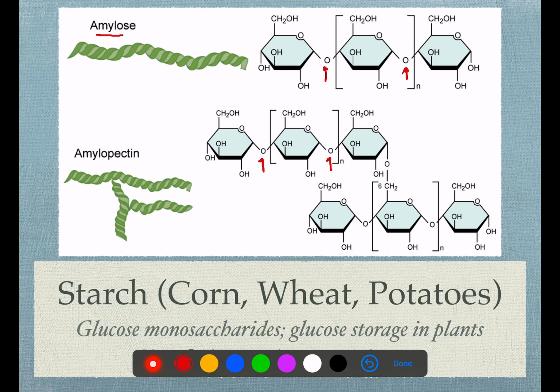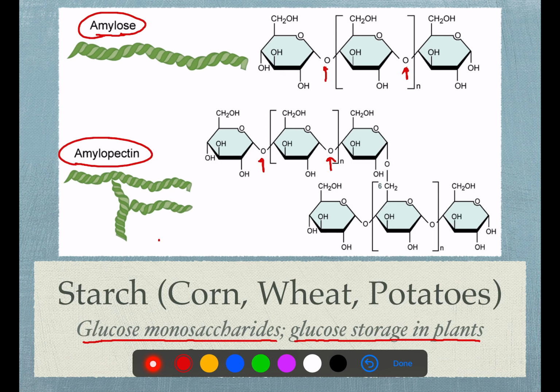One is called amylose, and the other is called amylopectin. And they are different only in terms of their glycosidic bonds. Both amylose and amylopectin are made up exclusively of glucoses, so it's just a bunch of glucose monosaccharides. And it is the way that plants store glucose within their structures.